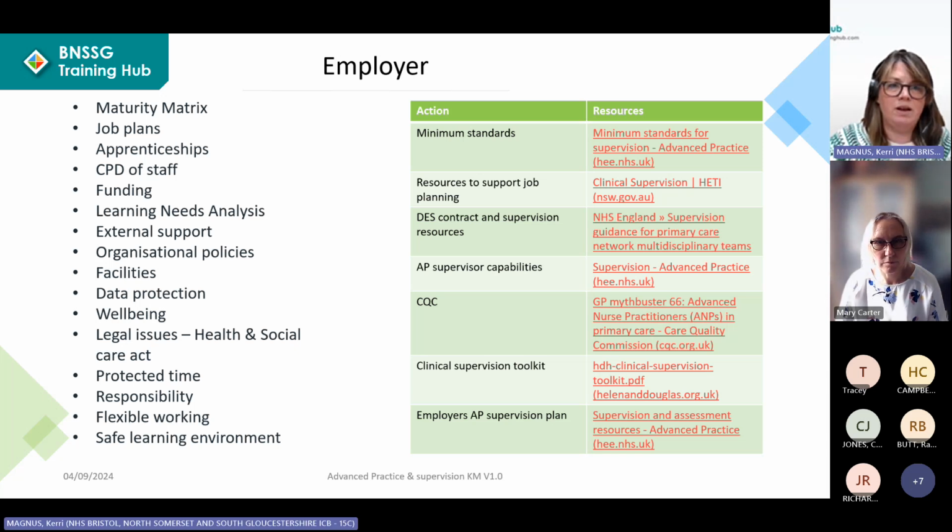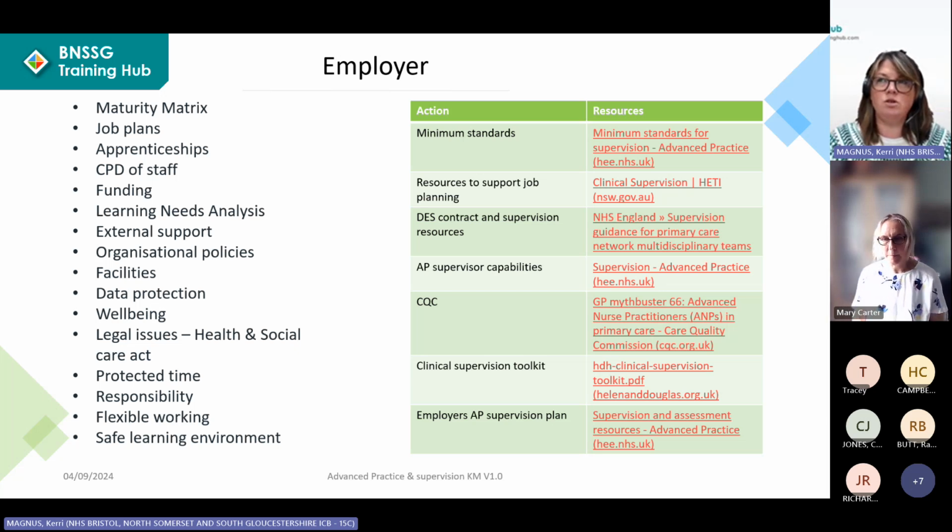We went through job plans and learning needs analysis, but also some of the biggest things are organisational policies. So what policies do you have within your organisation to do with supervision? And also what innovative things do you have? Because obviously facilities are really tight with supervision, so what other things are happening? Are you having some peer discussions?